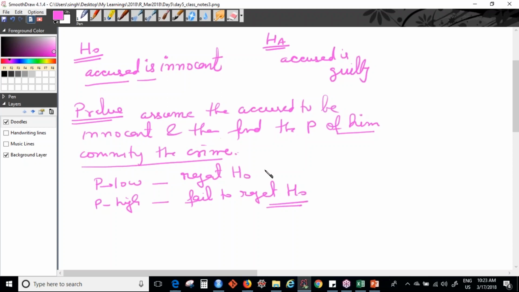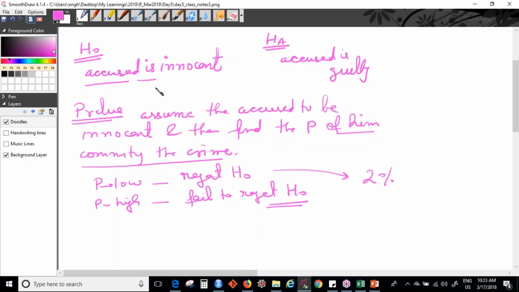Okay, so let's say we get a high probability, let's say 40%. In our first case, let's see, we get a small p, let's say 2%. We get a p-value of 2%. What does that mean? That means that we will reject the null hypothesis, right? That means we will reject that the person is innocent.